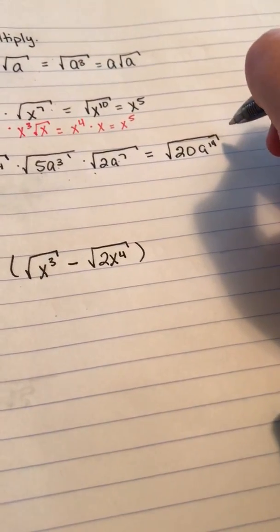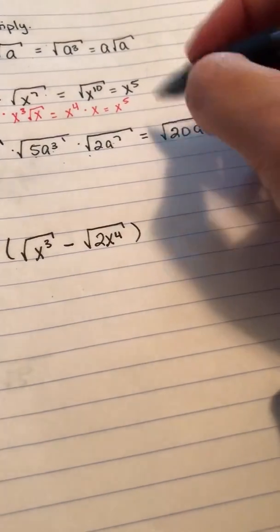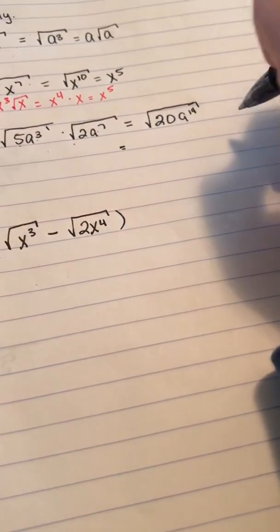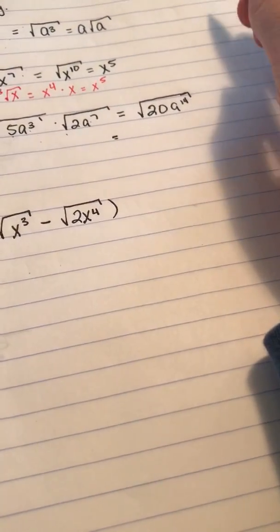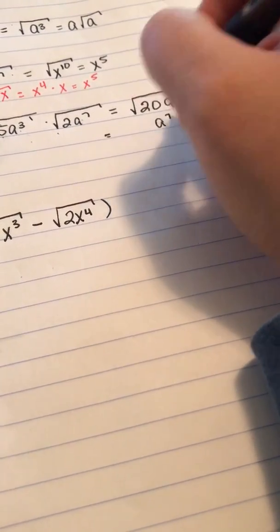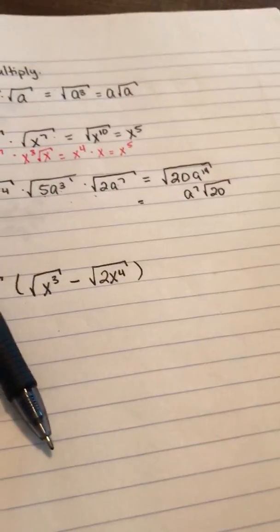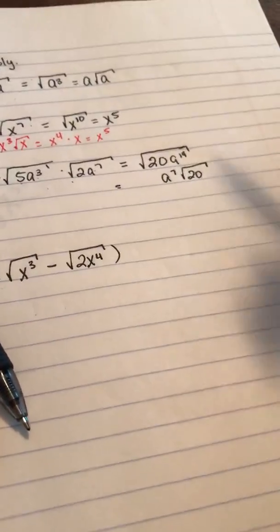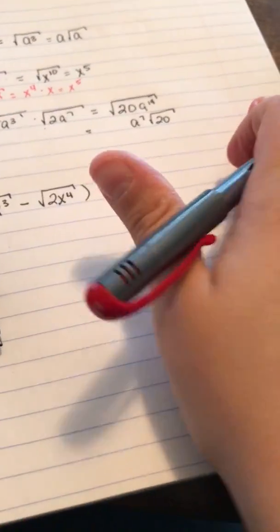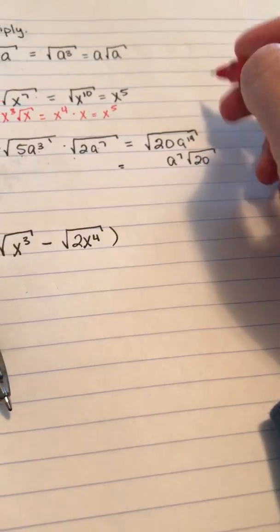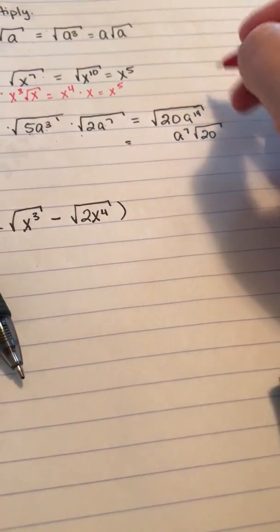For a to the 14th, 2 goes into 14 7 times, so you're going to have an a to the 7th. I'm going to talk about the 20 here in just a second. The question is, what do you do with the 20? To simplify numbers, if they have a perfect square that will divide into them, you want to take that out.